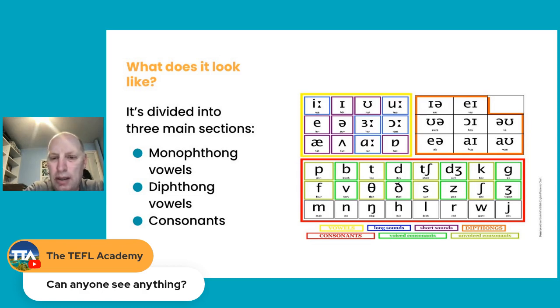If you look at something like the upside down V, the schwa, and the y sound, which we will come back to as well, which is the last consonant in the bottom right-hand corner. So there are, again, a confusing and potentially intimidating mix, but there's no reason why they should be.